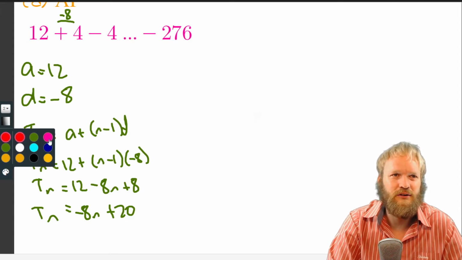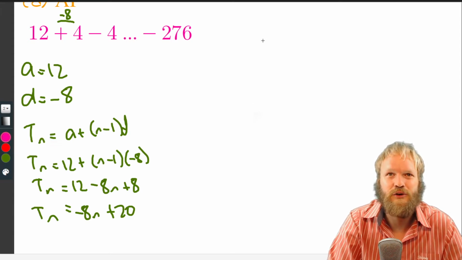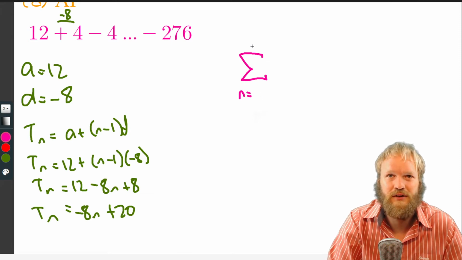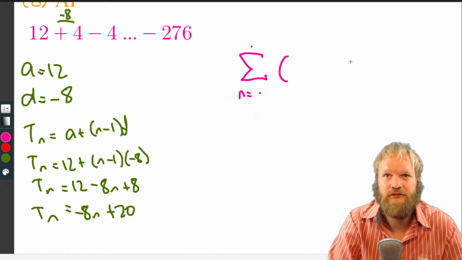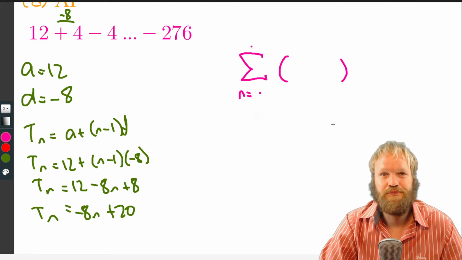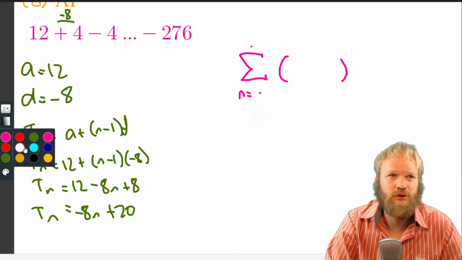So let me provide the framework here. We're going to have sigma, and we're going to go from n equals something to something. So these are the bits that we're going to have to fill in. Let's start with what goes in the brackets.